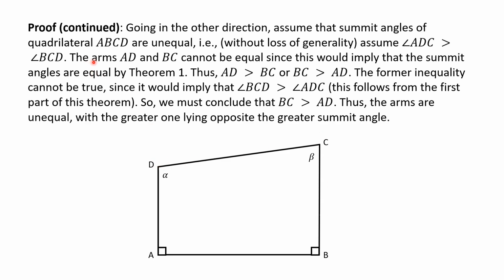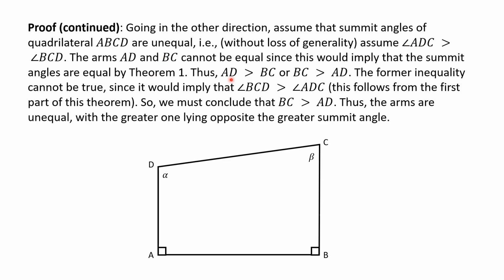The arms AD and BC cannot be equal, since that would imply the summit angles are equal by theorem 1. If these two arms are equal, then we have a Saccheri quadrilateral, and theorem 1 says that alpha equals beta. We just assumed that wasn't the case. So AD cannot equal BC.